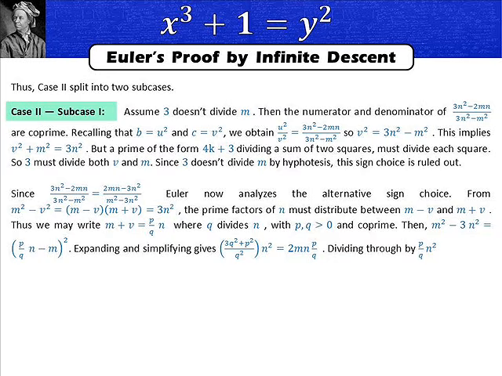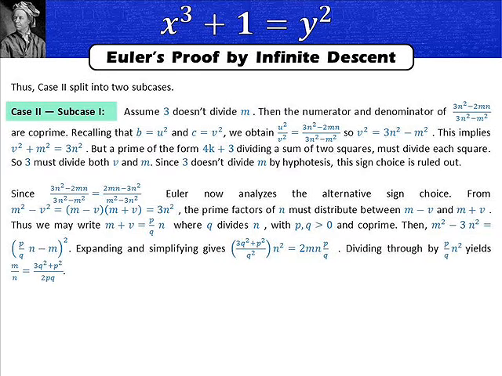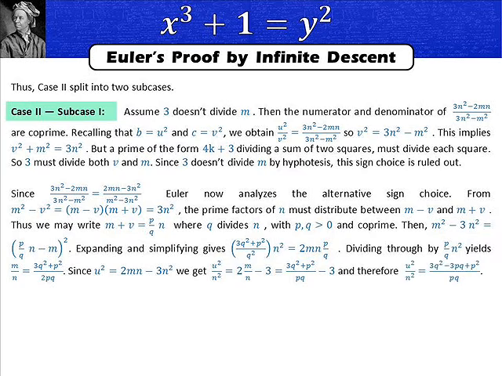Dividing through by p over q times n squared yields m over n equals (3q squared plus p squared) over 2pq. Since u squared equals 2mn minus 3n squared, we get this expression, and therefore u squared over n squared equals (3q squared minus 3pq plus p squared) over pq.